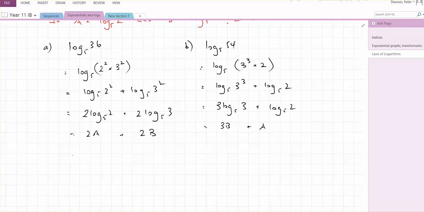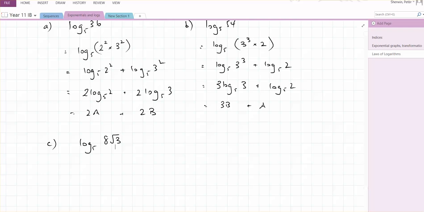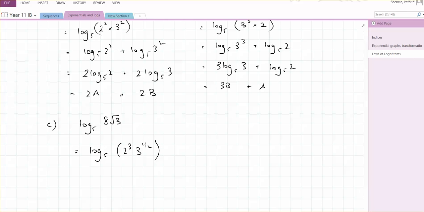If we have a look at another example, log base 5 of 8 root 3. How can I use this? Can I say that 8 is 2 cubed, and root 3 is 3 to the half. So this is 8 root 3, just written another way.